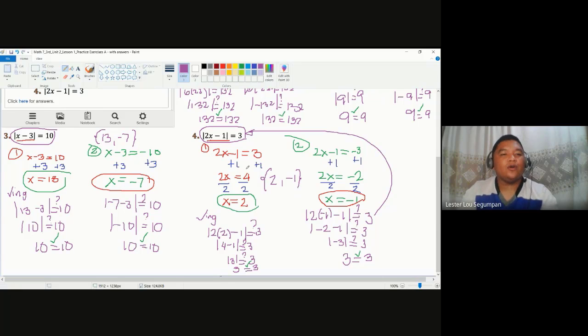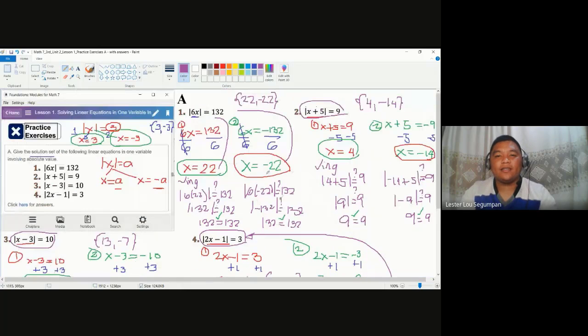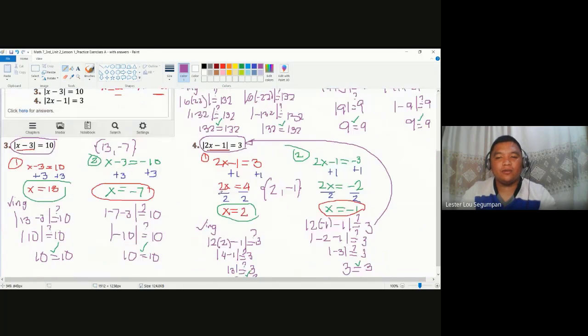As a review, our solution set contains 2 possible solutions. Just as an if, in case this is not equal, that means negative 1 is not a solution, so your solution set should only contain 2.